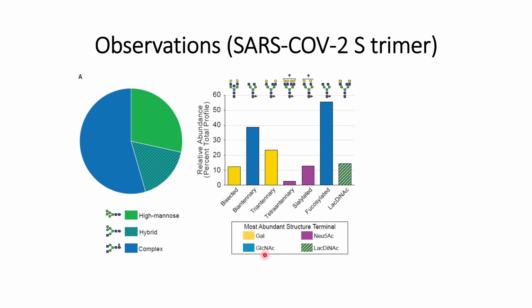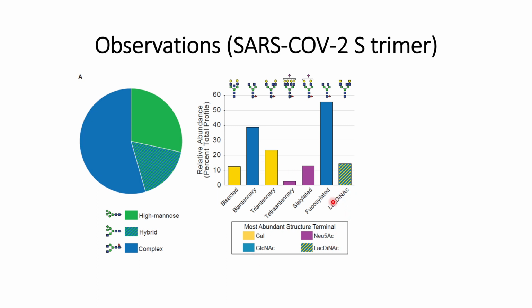So for example, in the bisected, the terminal or non-reducing end is galactose, whereas in the biantennary the terminal, or non-reducing, end is GlcNAc, and so on.